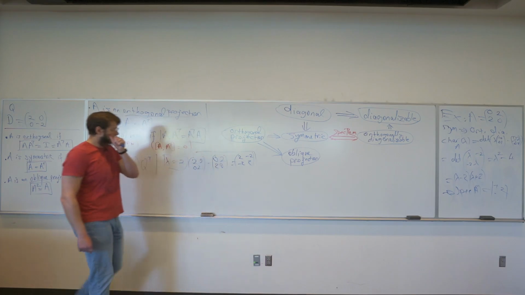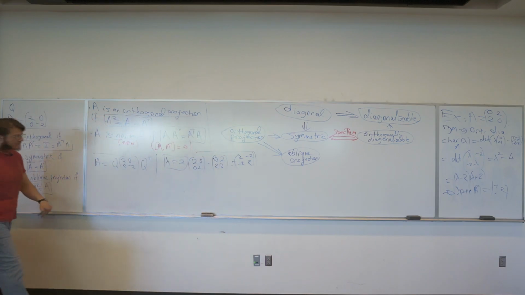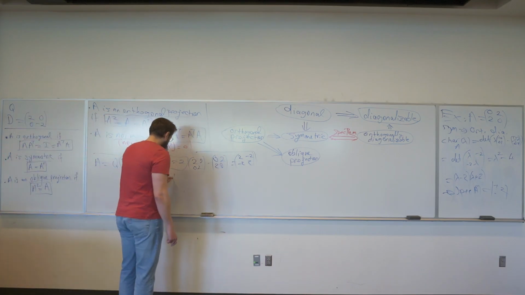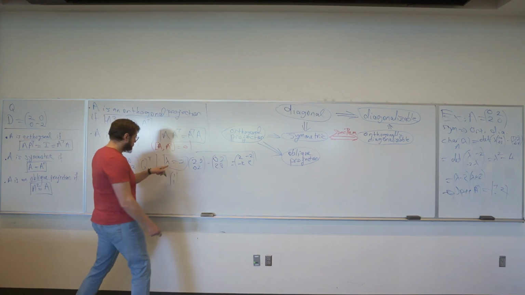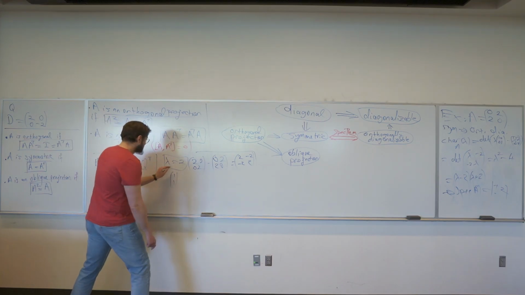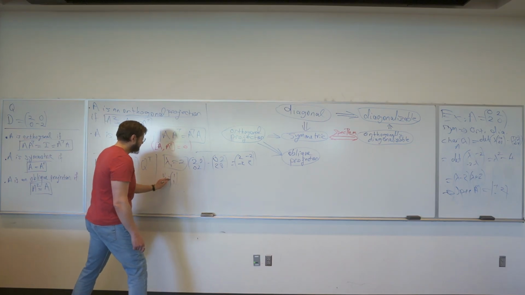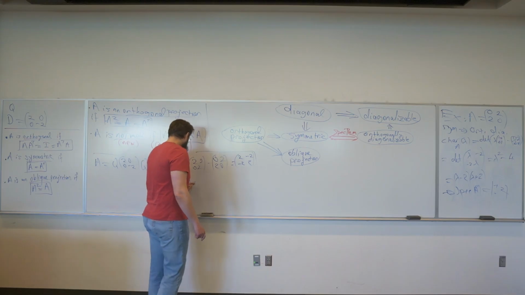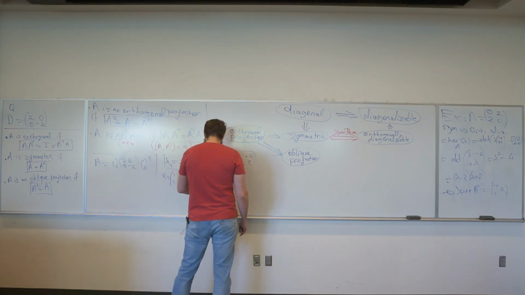Again, 1, 1 would work here. So let's call this lambda 1. This is V1. And then lambda 2 equals minus 2.